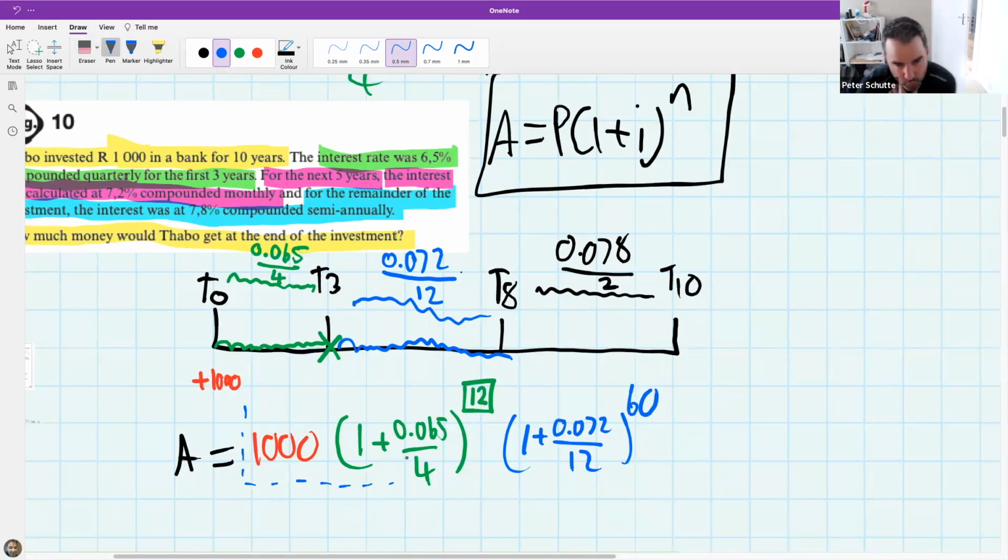So the green stuff is growing it for the first 3 years. The blue stuff is growing all the stuff here for the next 5 years. And if I stopped at that point, I would be there on the timeline. So after 8 years, this is how much money is sitting in the account. But we are not done because we have to grow for 2 more years. And now I'm going to do the same trick.